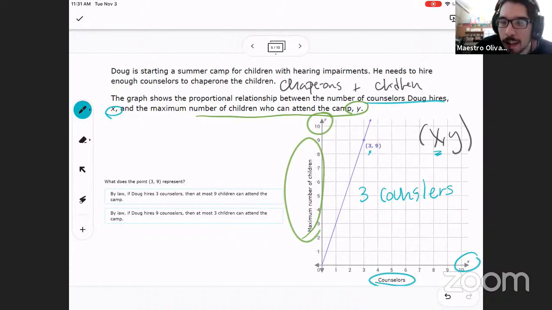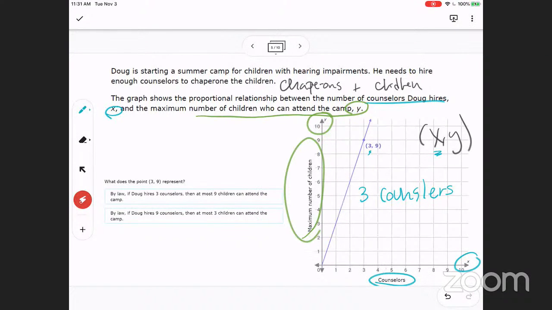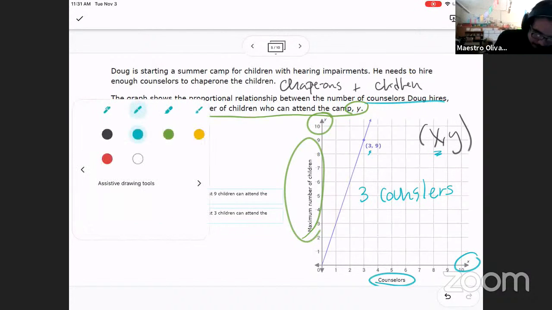Let's see. Ashley Carrillo Matias, can you let us know, what does the 9 represent? Is that counselors or is that the number of students? It's the number of students. And what makes you say it's the number of students? It's correct, by the way.